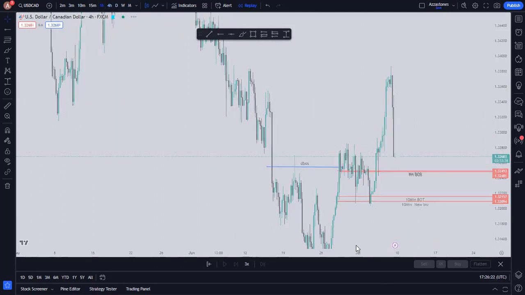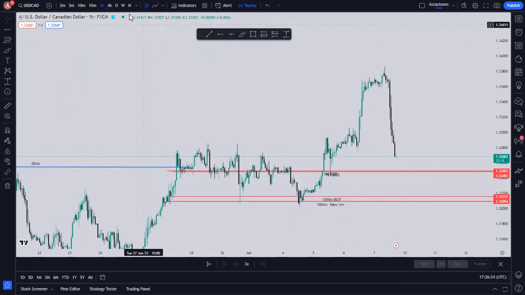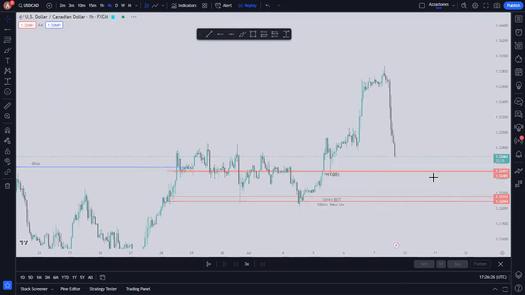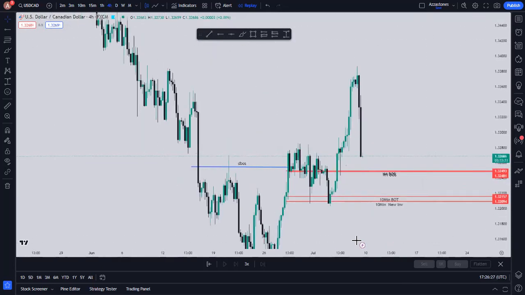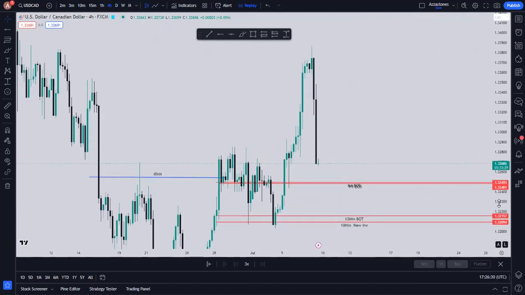So that being said, I'm sure that according to the structure, on NFP USD CAD was supposed to sell. Why? Because after I saw this candle here and this one, I know that the price is going to be broken before we buy.